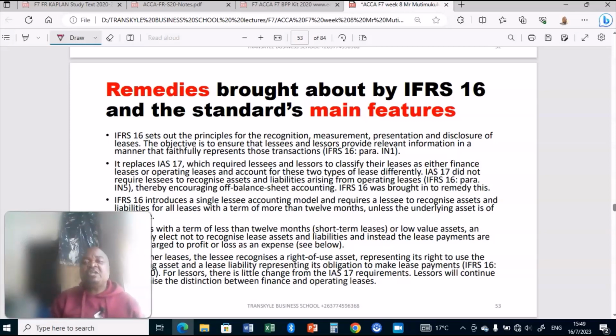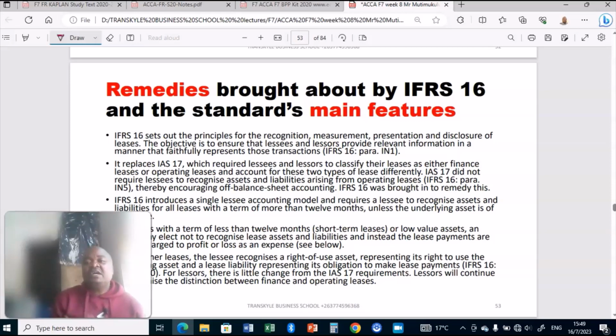The objective is to ensure that lessees and lessors provide relevant information in a manner that faithfully represents those transactions. Okay, so it's about transparency these days, and a discouragement of background transactions or off balance sheet transactions.